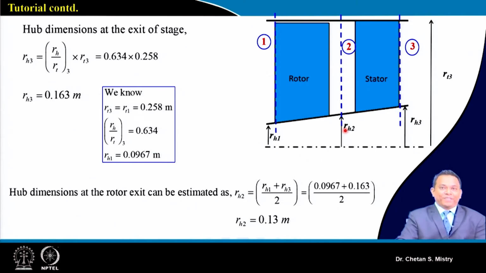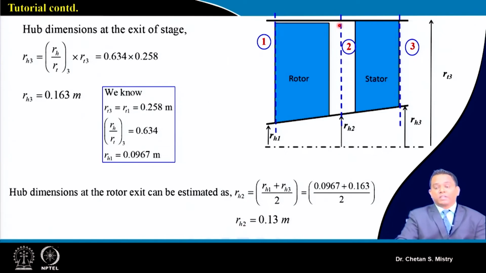If that is your case, you can safely do your calculation for the hub radius. Maybe you can take the average of these two at the hub, which gives me my hub radius equal to 0.13 meter. My tip radius, we have assumed to be constant.